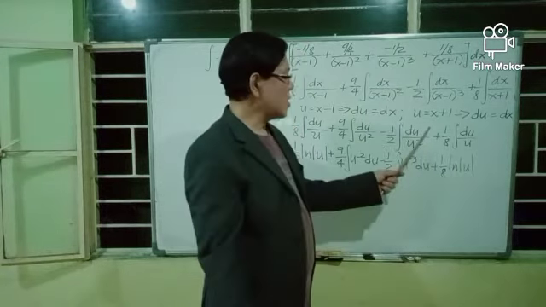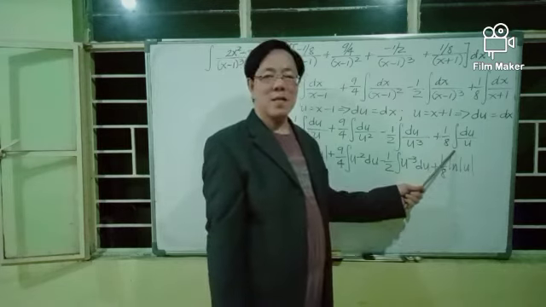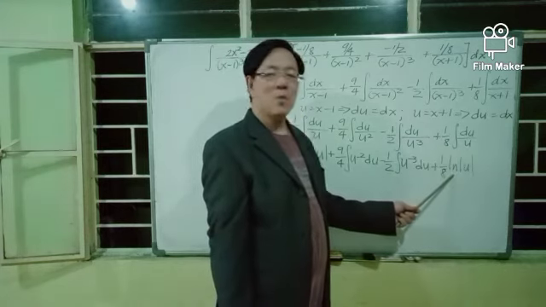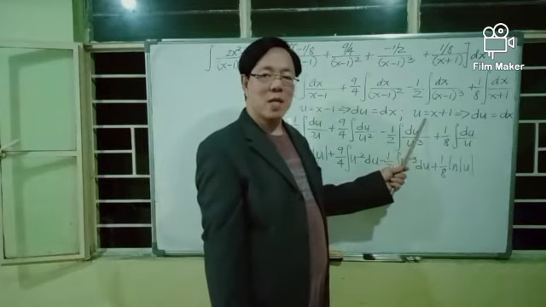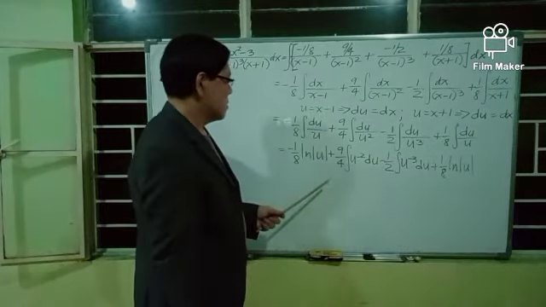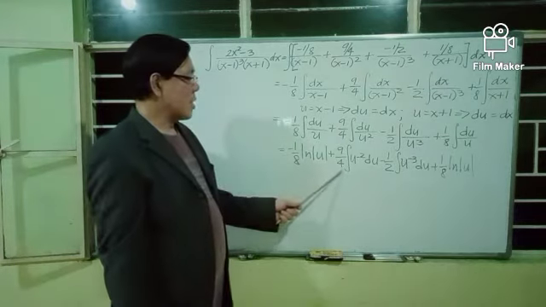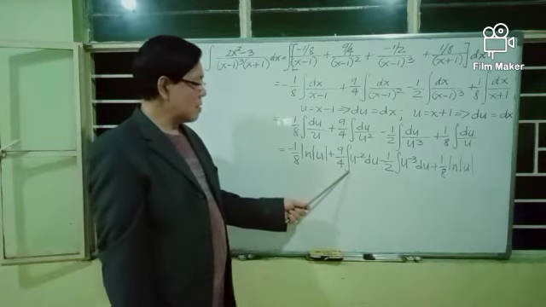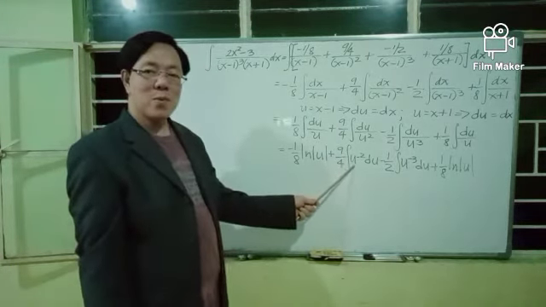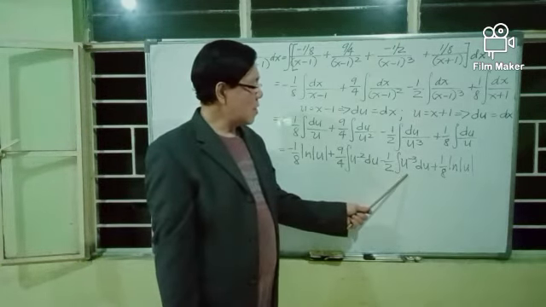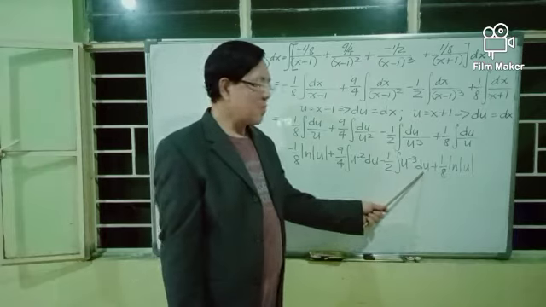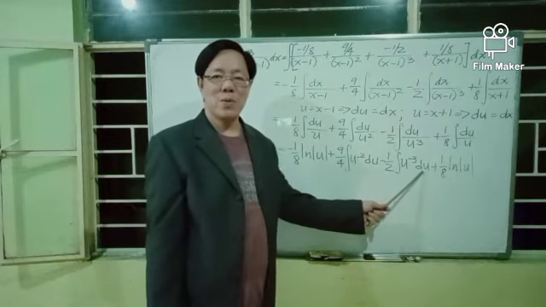And the last term is 1 over 8 multiplied by the integral of du over u equals ln u, where u in the last term is equal to x plus 1. Now we integrate the integral of u to the negative 2 with respect to u by power rule, and also the integral of u to the negative 3 with respect to u is evaluated by power rule.